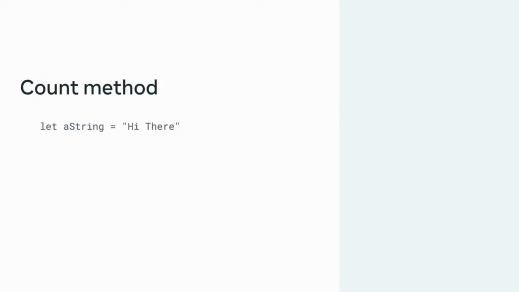You can then create another variable called theCount and assign it the value of the variable aString appended by the count method. So your code is let theCount = aString.count. In this example, the variable theCount will store the value of 8. This is because the string contains 7 letters and a space, so 8 characters in total.